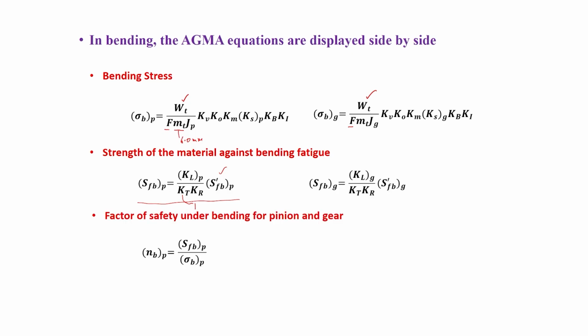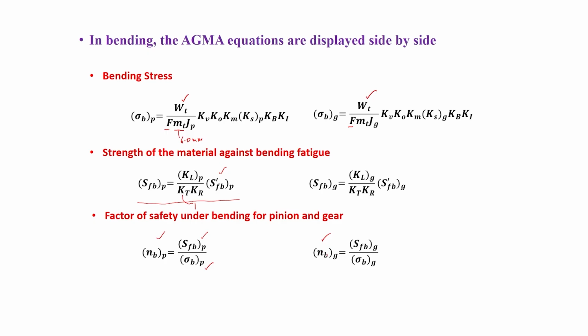And thereafter, we will determine the factor of safety against bending fatigue for the pinion and for the gear, by taking the ratio of the corrected bending fatigue strength for the pinion and the bending fatigue stress acting on the pinion.